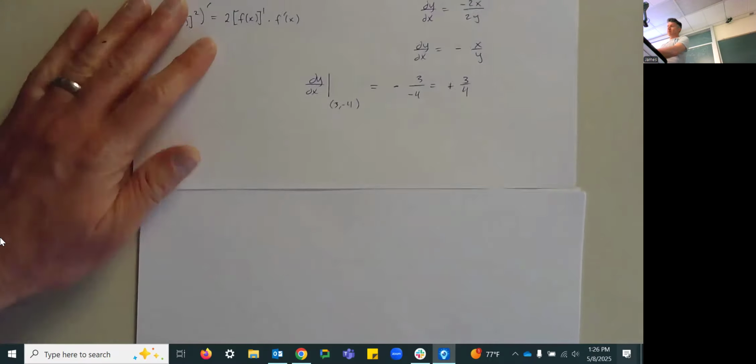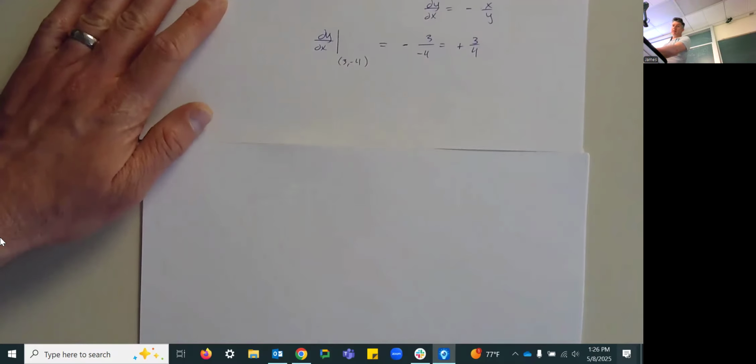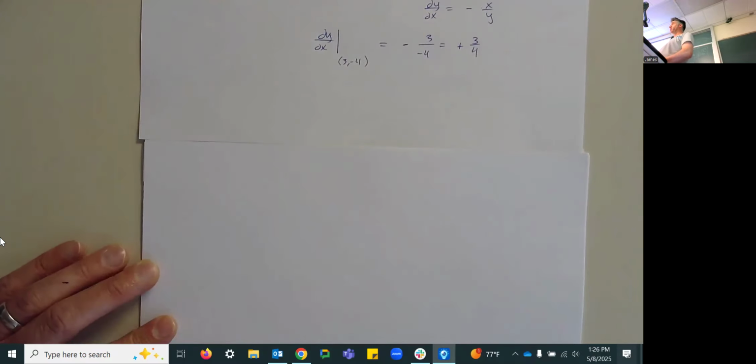So the important thing to remember with implicit differentiation is that we are making the assumption that y is a function of x.